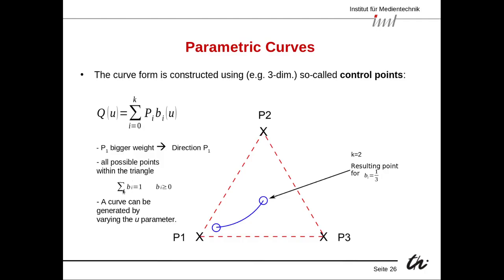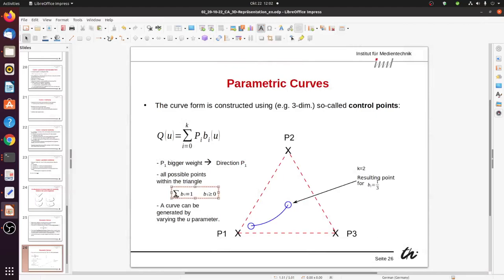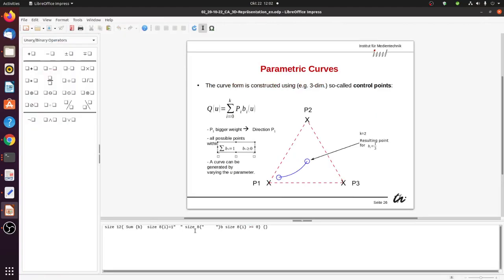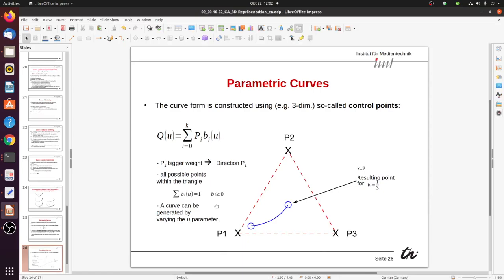Important here is that the sum of those polynomials for each value of u is always 1. So maybe I can add this: the sum of b_i of u is always 1, independent of u.